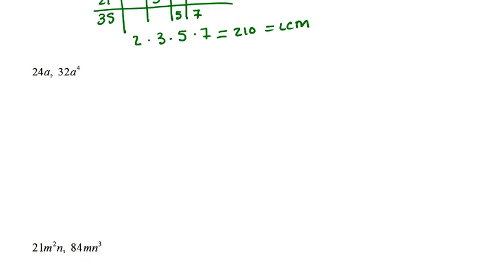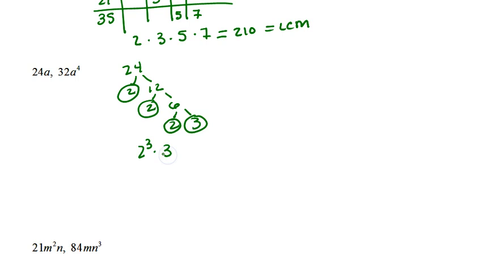Let's say I have variables. This is going to be the same as GCF. I have 24. 2 goes into that 12 times. 2 goes into 12 6 times. 2 goes into 6 3 times. So here's my factorization, 2 to the third times 3.